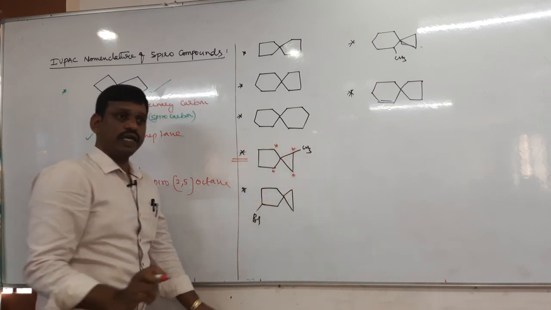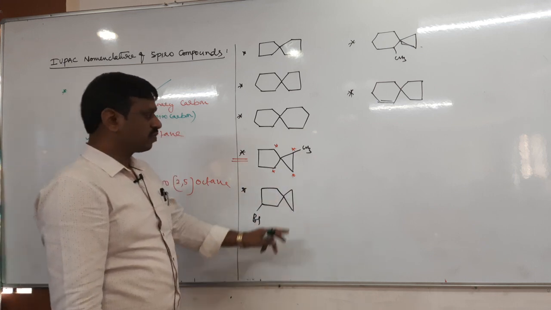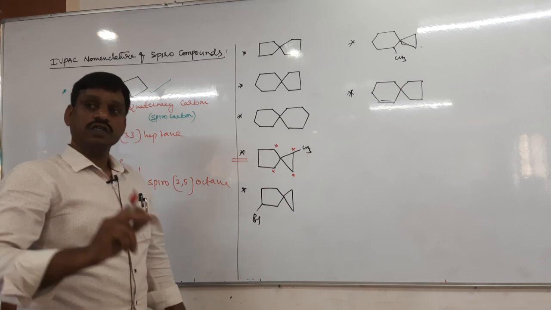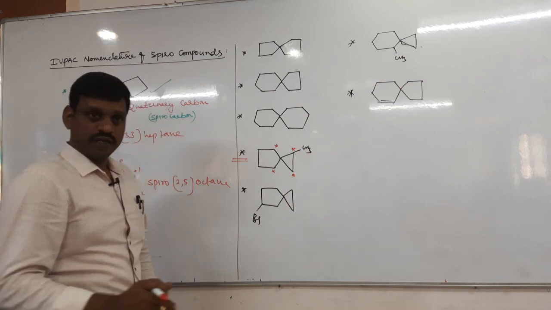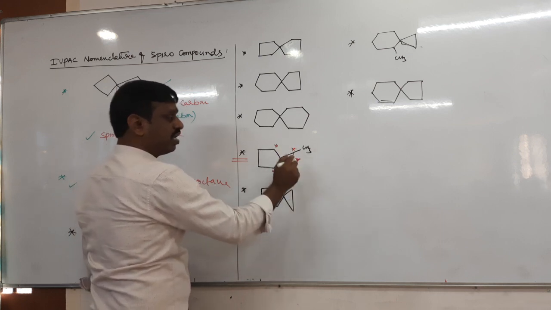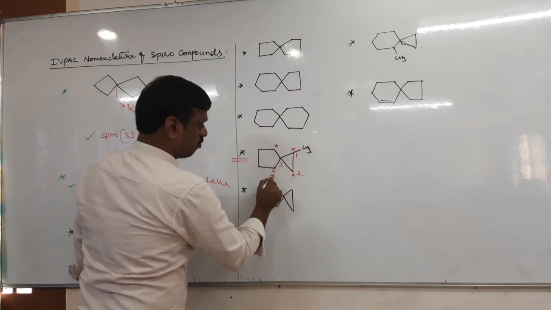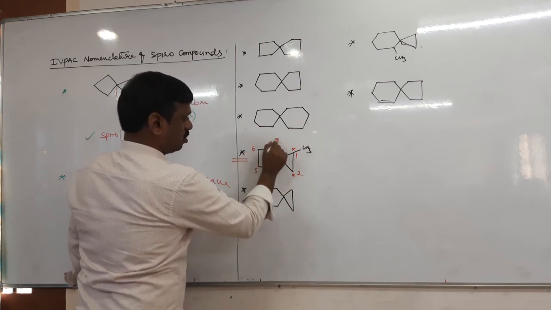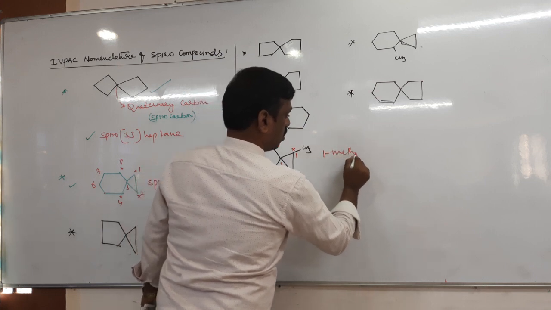This is also next to the spirocarbon. So where should the numbering start? From the smallest ring first, right? The smallest ring has to be given more priority. Therefore numbering starts at 1. Then methyl is there, so 1. It is 2, then 3, 4, 5, 6, 7. Therefore it is 1-methyl.